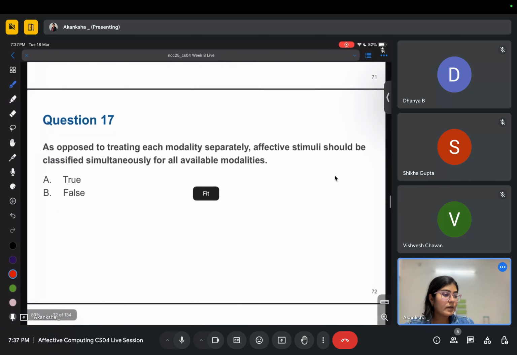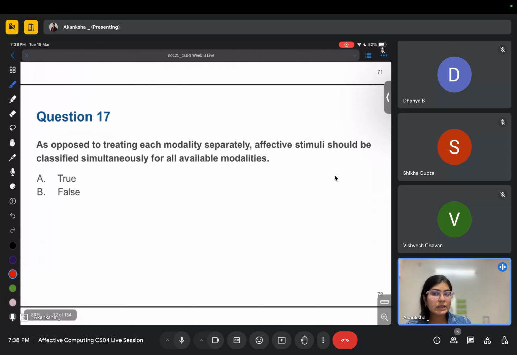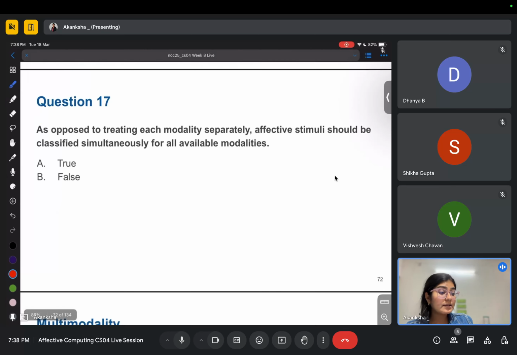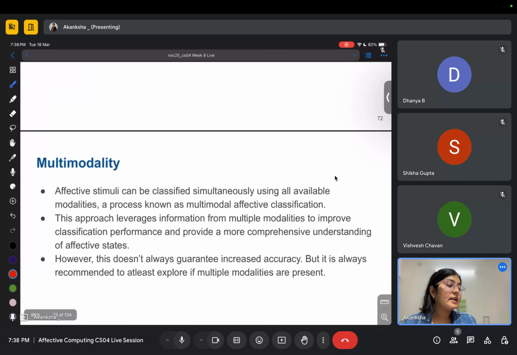Okay, as opposed to treating each modality separately, affective stimuli should be classified simultaneously for all the available modalities. So treating each modality separately, does that make sense? It can be classified simultaneously using all available modalities.